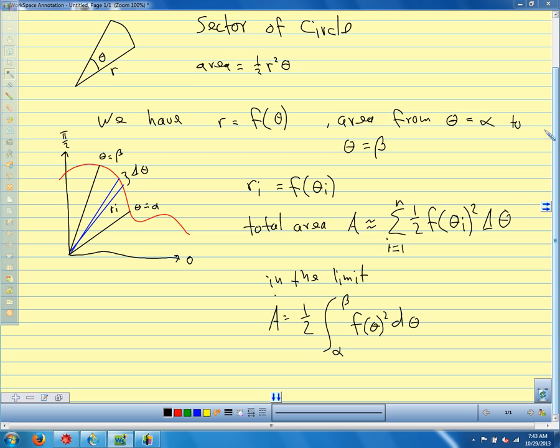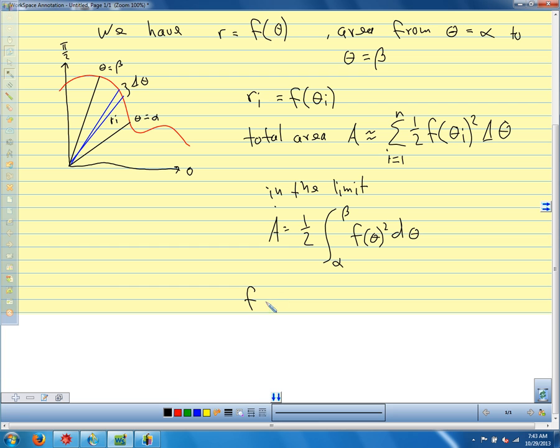And our conditions: we're saying that f, our radius, is non-negative, so it's 0 or positive on this interval. And we are saying that 0 is less than or equal to beta minus alpha, less than or equal to 2 pi.